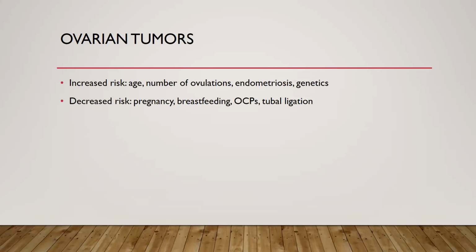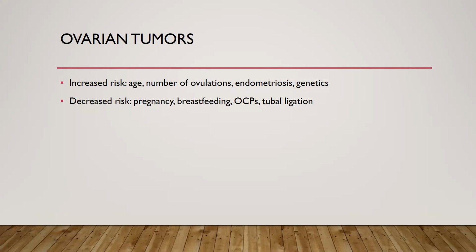Some ovarian tumors. In general, increased risk is going to be with age, number of ovulations, endometriosis, and genetics. Decreased risk is pregnancy, breastfeeding, OCP use, and tubal ligation, ironically. A lot of the decreased risk is if you had a previous pregnancy, you're not having unopposed hormones.